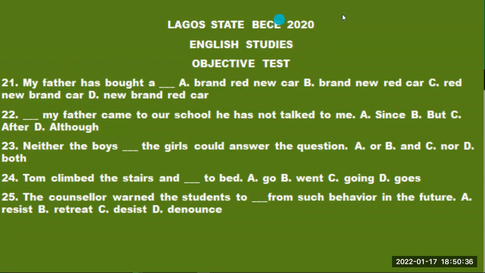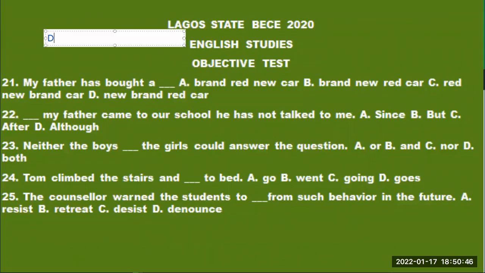Now, let me try to show you how this works. And so this is what we mean. DOSASCOMP. All right. So in this case, D stands for determiner, O stands for opinion, S for size, A for age, another S for shape, C for color, another O here is for origin.